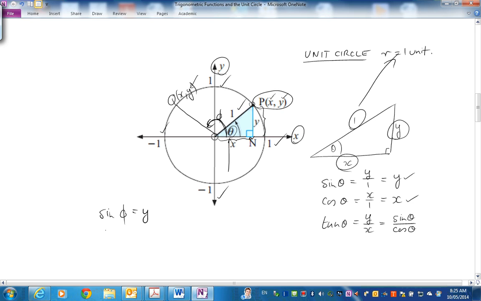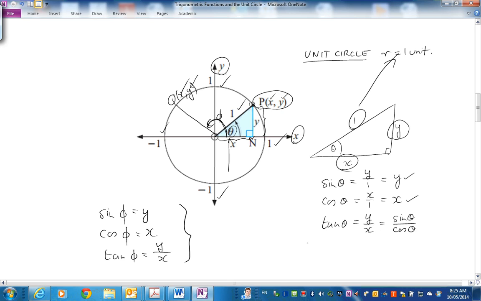The cos of phi would be this x here. And the tan of that phi, which could be 120 degrees now, bigger than 90, couldn't it, would be y over x. So it opens up a whole new realm here.